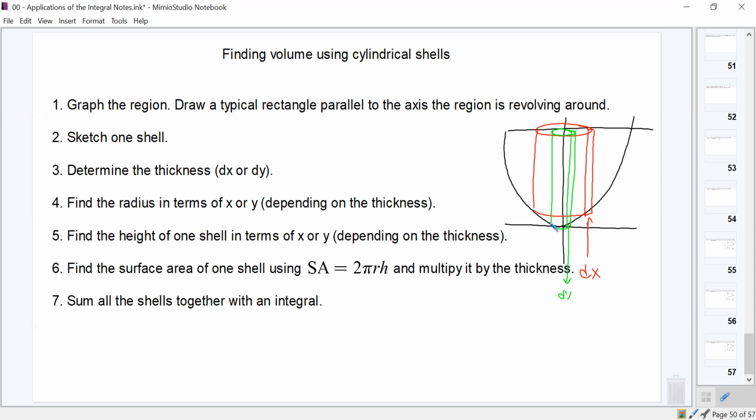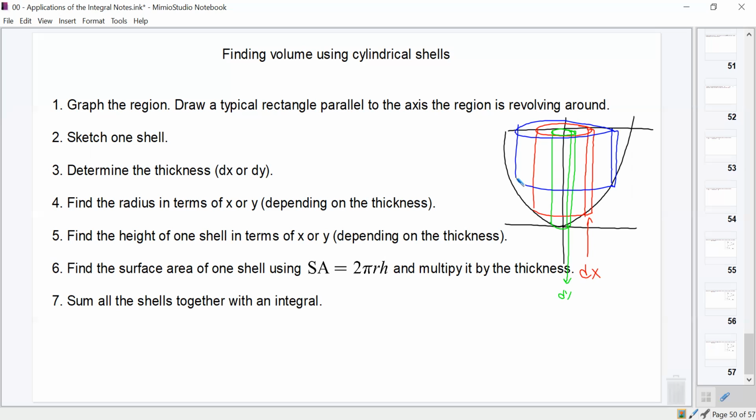I've drawn a narrower one inside of there. And I could draw one that's a little bit shorter, but that revolves further around here. They're all just a bunch of hollow tubes, and they all sort of fit inside of each other.